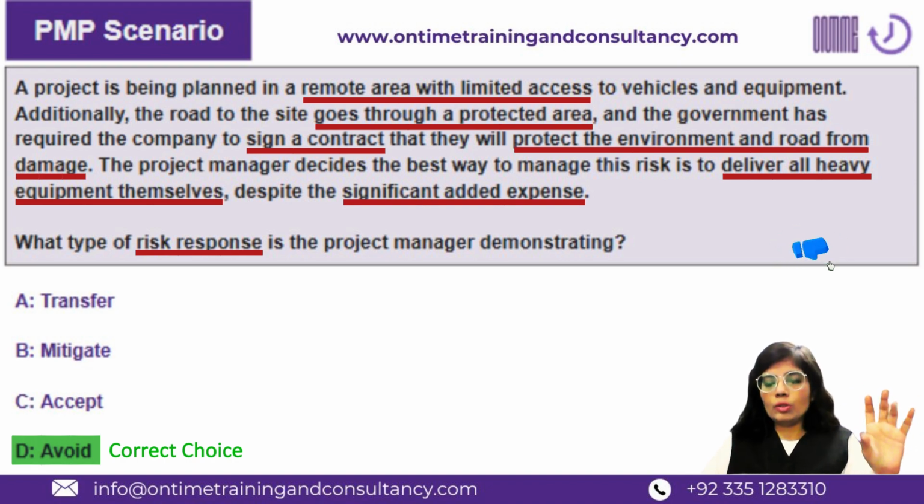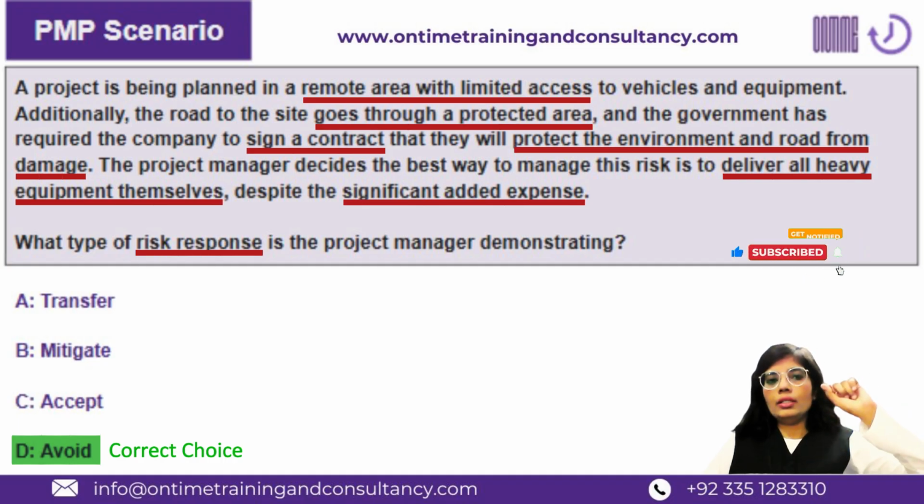So this is one such project. The first constraint is that in that remote area, the access to vehicles and equipment, which is needed as physical resources in the project, is limited.